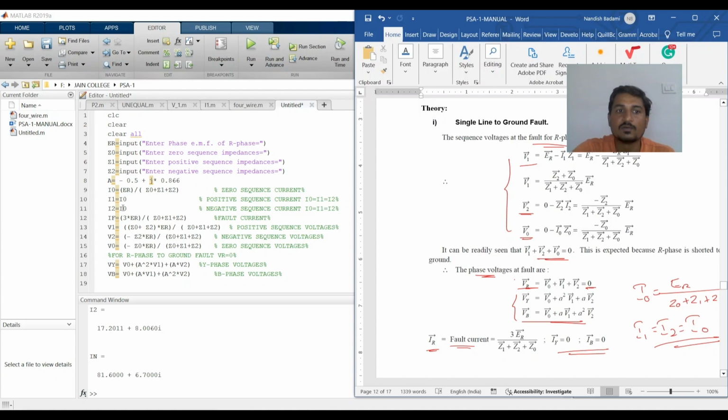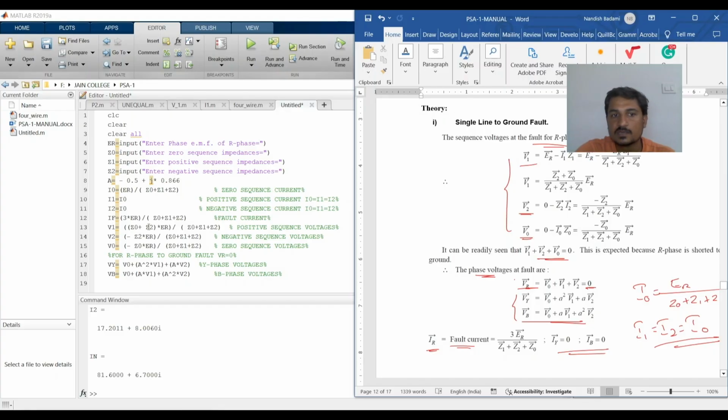The value of I0, as we have marked here, is ER divided by Z1 plus Z2 plus Z0, and the values of I1 and I2 are equal to the value of I0. The R phase fault current is 3 times ER divided by Z1 plus Z2 plus Z0, and the same thing we have marked here. The values of V1, V2 and V0 are taken from these equations. The value of V1 is Z0 plus Z2 into ER divided by Z0 plus Z1 plus Z2, and here it looks something different.